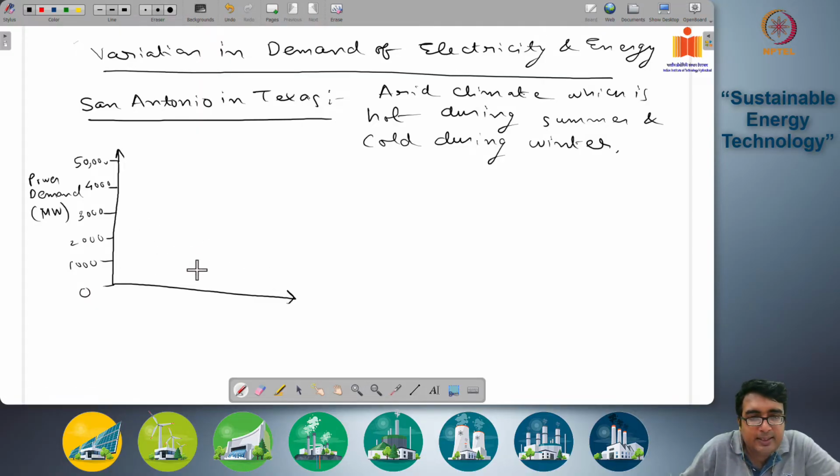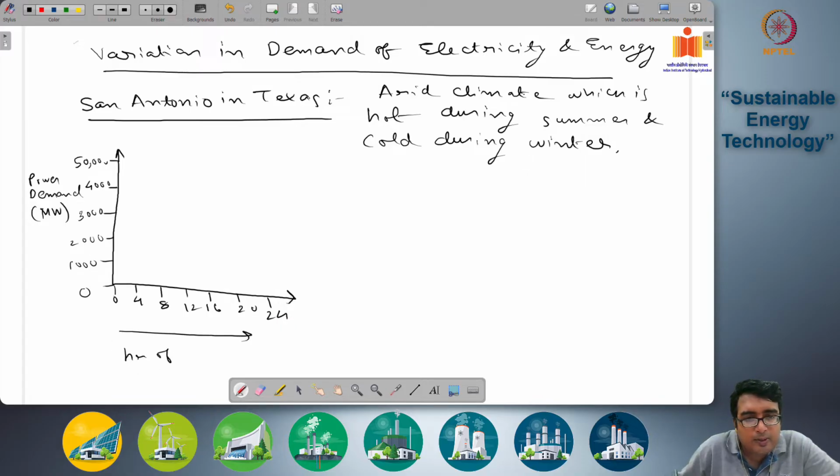And on this side is the hours of the day. So this is 0, 4, 8, 12, 16, 20, 24. This is hours of day. Okay. And first we will look at the energy demand on a weekday in summer.